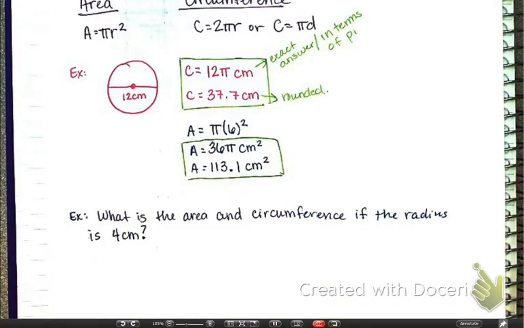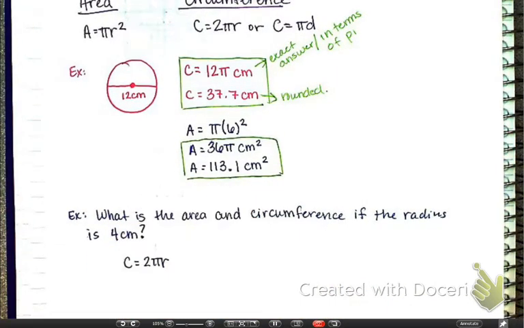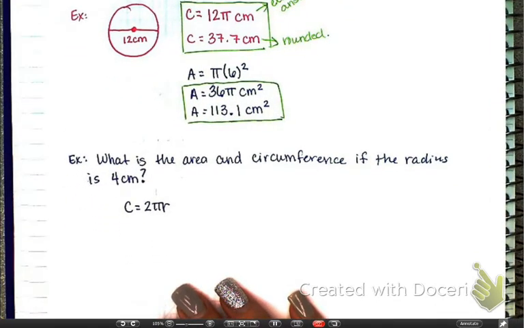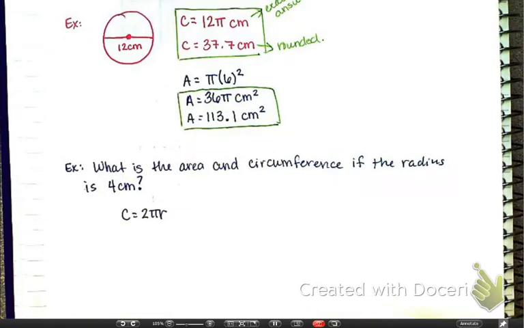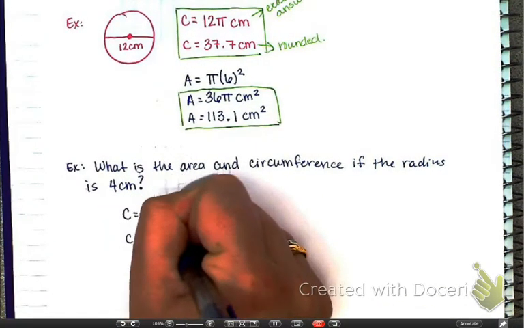So I would like you to find the circumference and the area. I want an exact answer in terms of pi, and I want an answer rounded to the nearest tenth. Find the area and circumference. C equals 2 times pi times r. And what's r? What's my radius? 4. So C equals 2 times pi times 4.